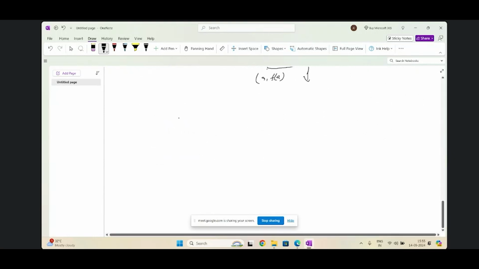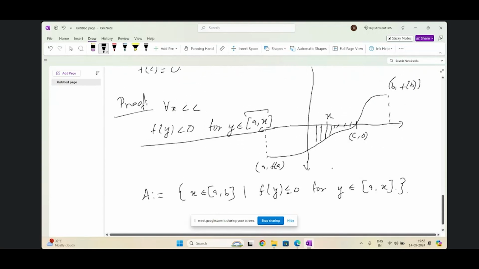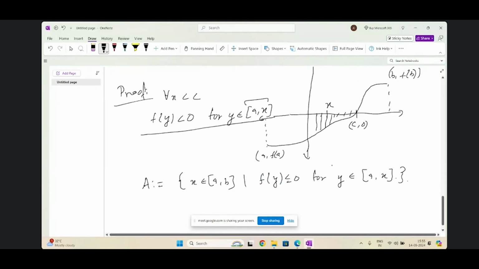Okay. So let me create a set A in which I will collect the elements x in [a, b] such that f(y) is less than or equal to 0 for y belonging to [a, x]. So this will be my set. Using this observation, I have created a set.